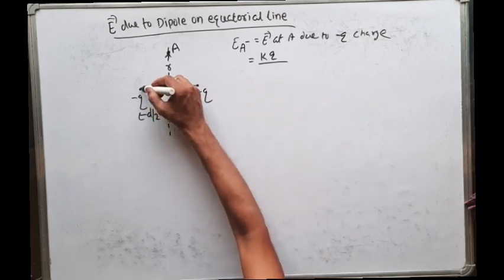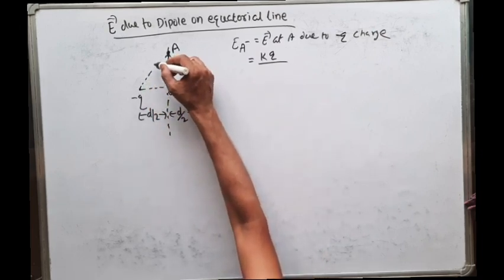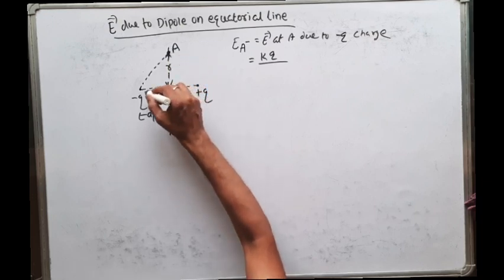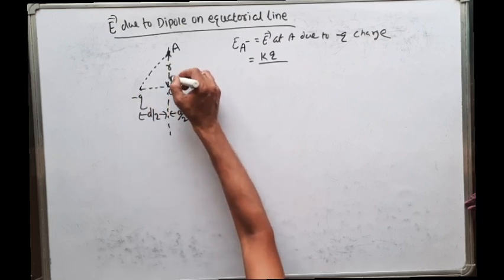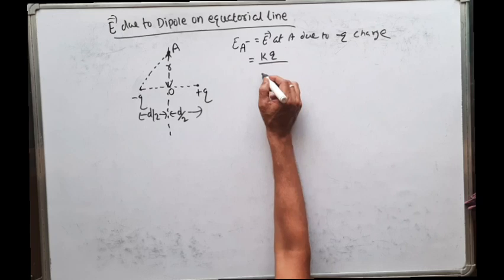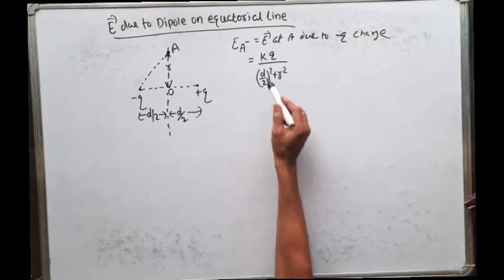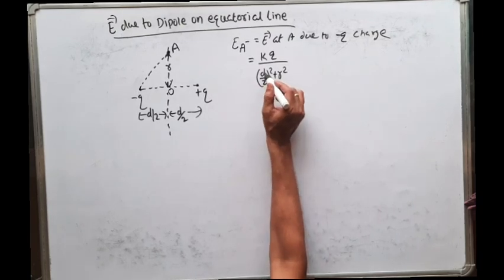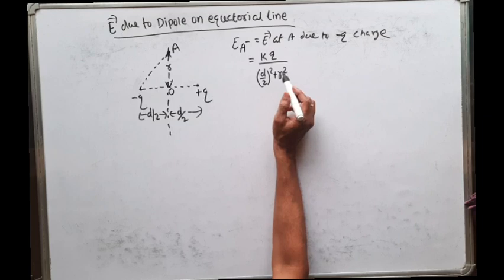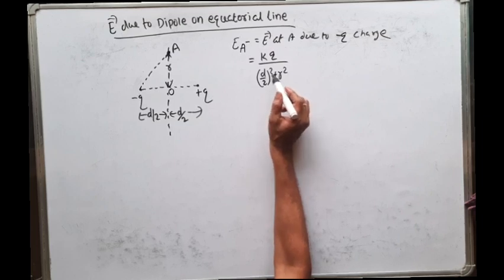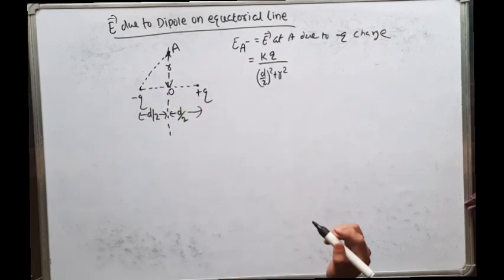What is the distance here? From the minus q charge to this point A, this is d by 2, this is r. So this distance is square root of (d by 2) whole square plus r square. But it is kq by distance square. This is the value of electric field intensity at point A due to the minus q charge.